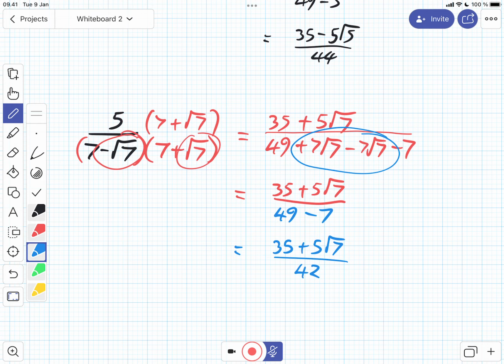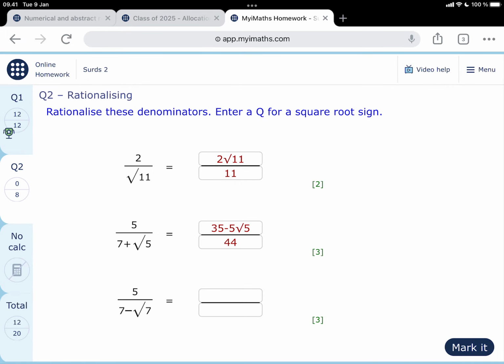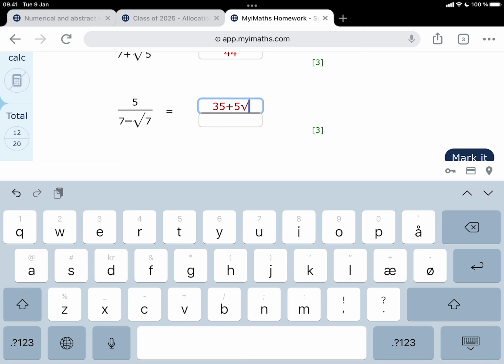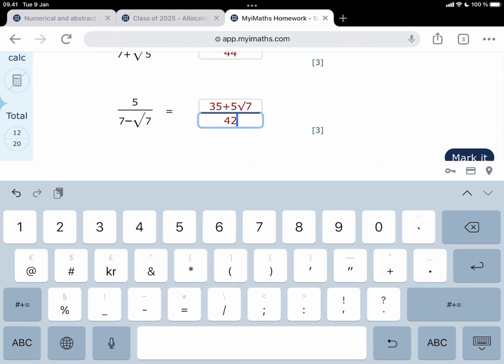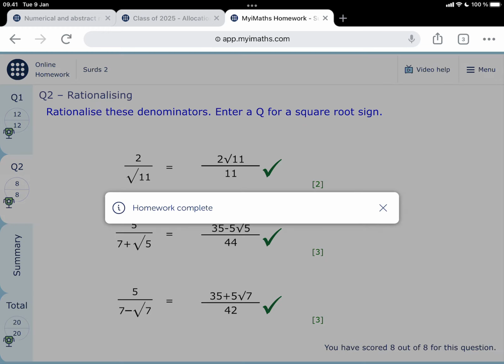So let's put that in. 35 plus 5 root 7 divided by 42. Let's just mark that. And there we are, 8 out of 8.